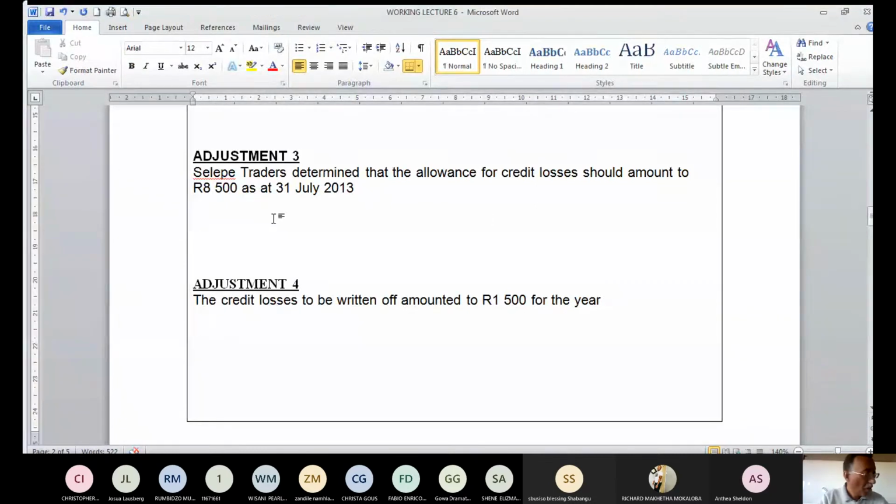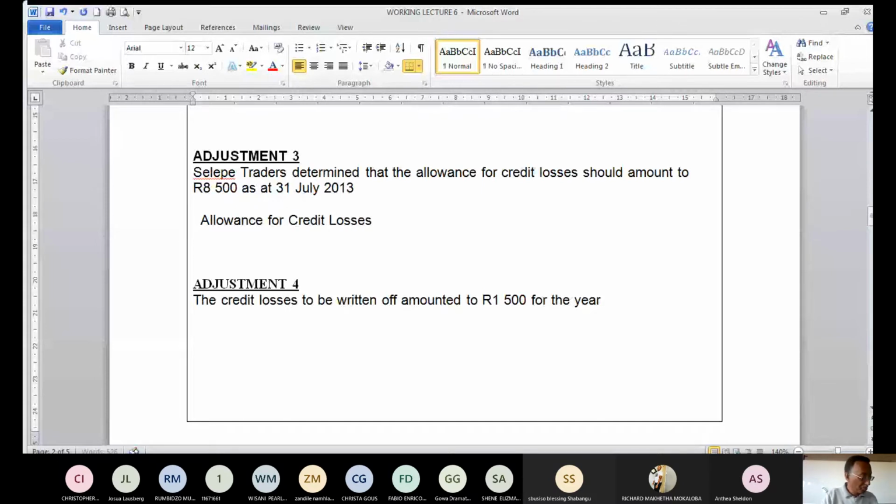According to our adjustment, the allowance must increase to 8,500 Rand. Currently, if you go to your trial balance, you will see that your allowance for credit losses is 7,300.